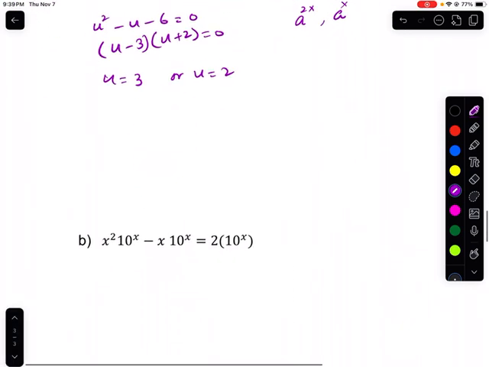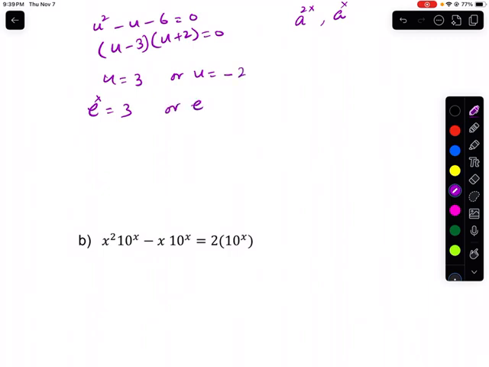But remember, u was e to the x. So e to the x is 3 or e to the x is negative 2.